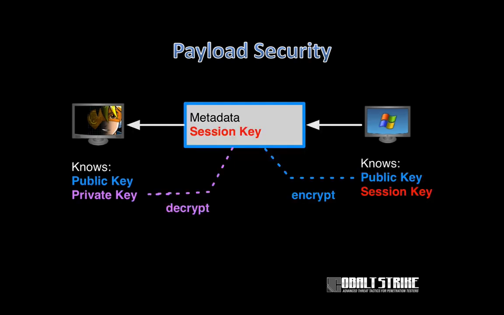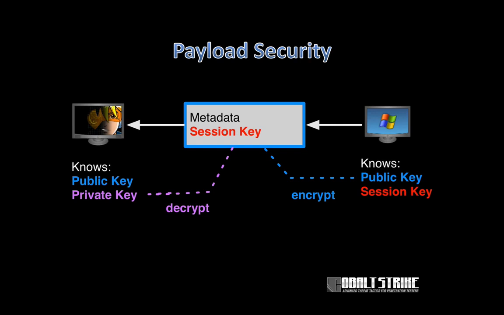When Beacon is running on a target, the target generates a session key. So at this point, the target knows the session key and it knows the public key of its team server. It then encrypts metadata to send back to the Cobalt Strike team server, and it uses the public key, which only your team server can decrypt, to send this metadata.